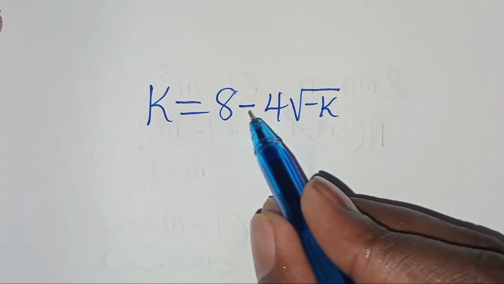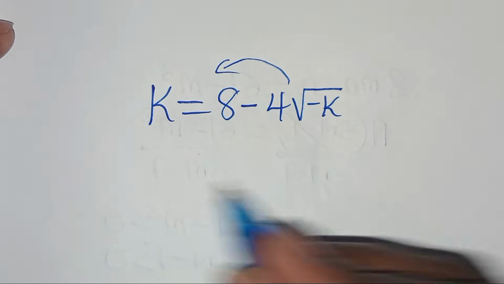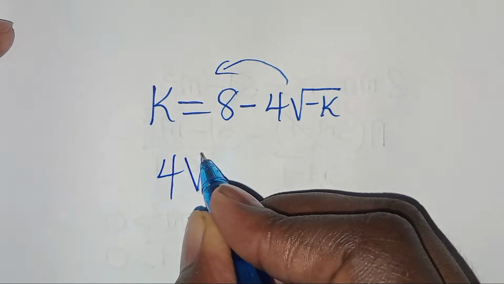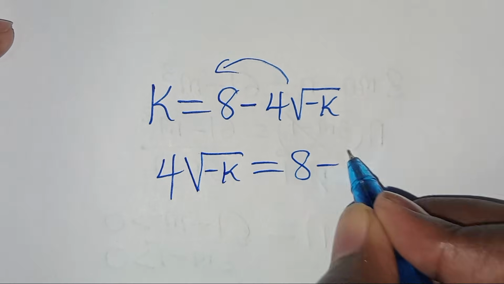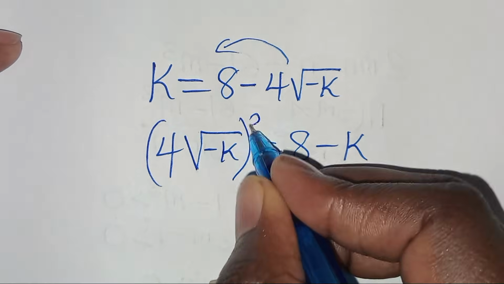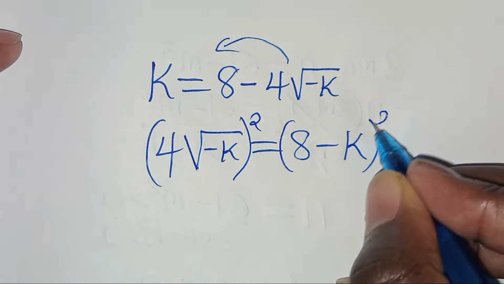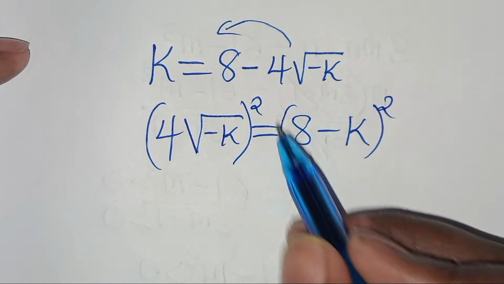Now the next step is to take minus 4 square root of negative k on the left hand side, so that we have 4 square root of negative k. This is equal to 8 minus k. So let's square on both sides from here. And this means that 4 times square root of negative k to the power of 2.